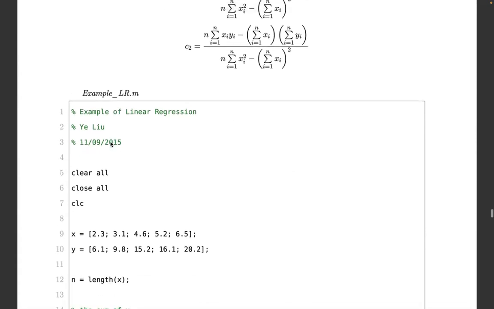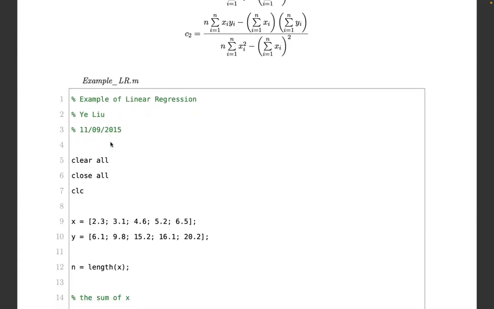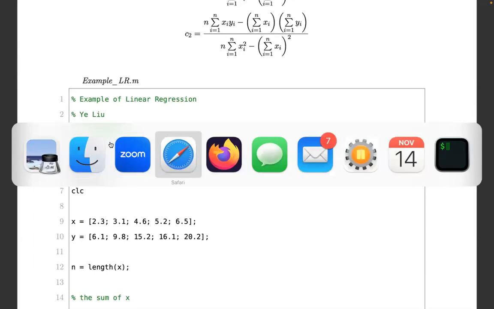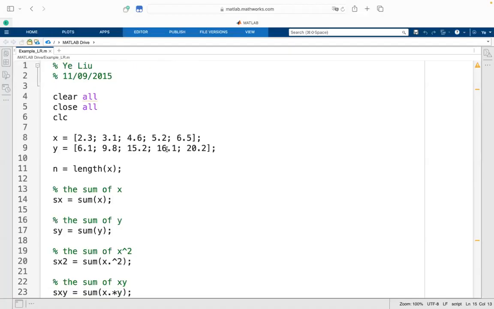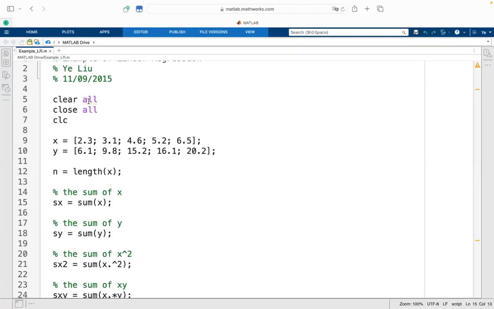Now for this example, clear all, close all, clc. The data: x is 2.3, 3.1, 4.6, 5.2, 6.5, and y is 6.1, 9.8, 15.2, 16.1, 20.2.